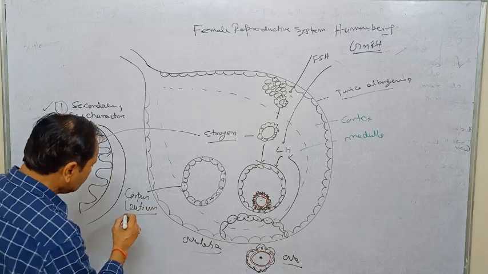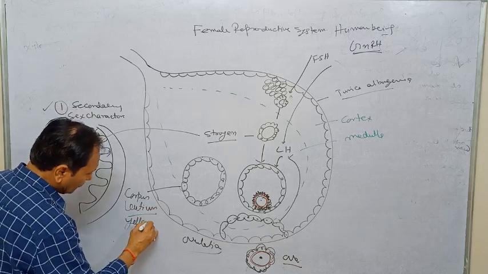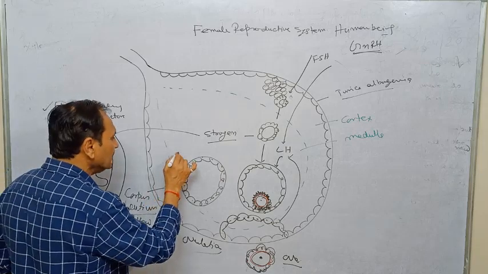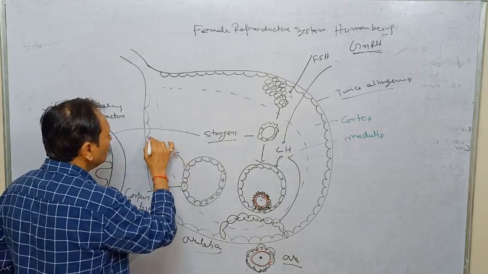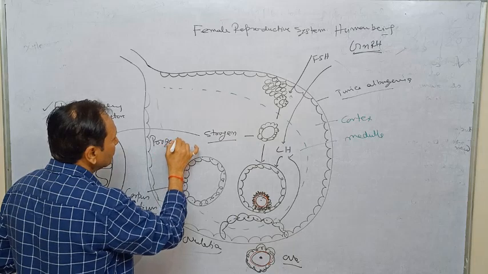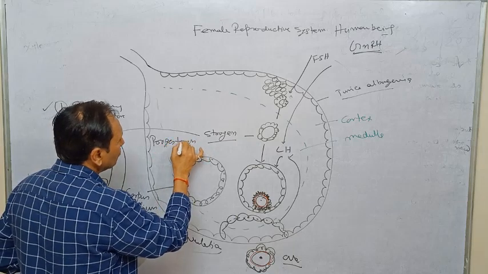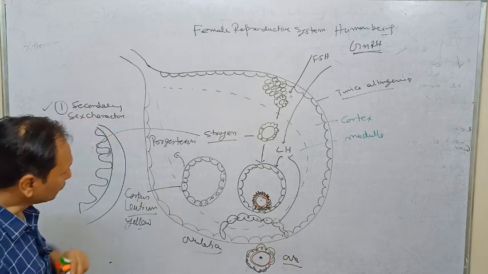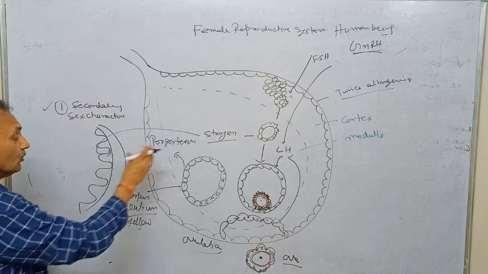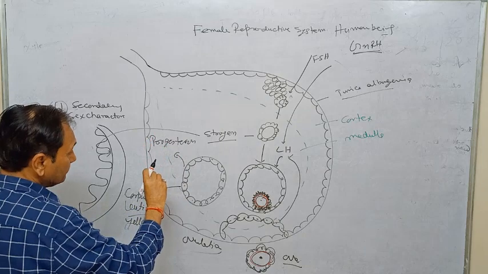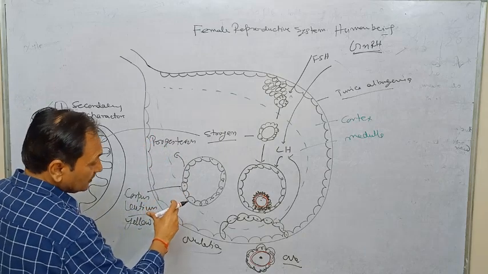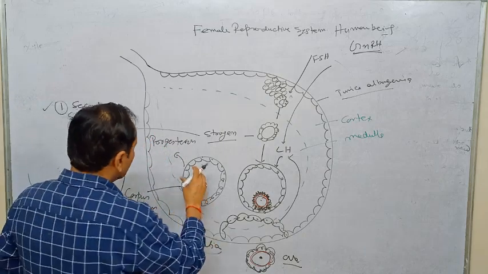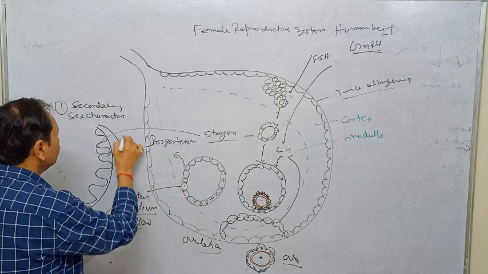This corpus luteum is yellowish in nature due to yellow pigment, and it releases a hormone that is called progesterone. This progesterone is released for the maintenance of this one.